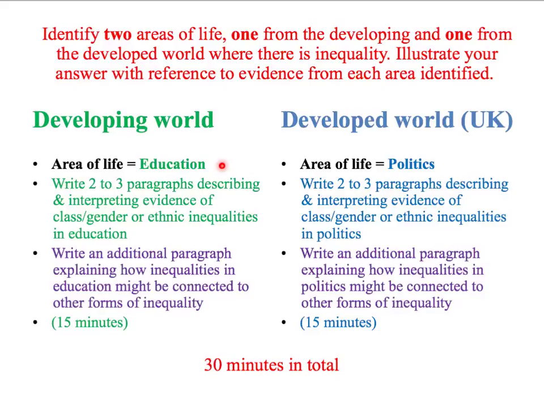So you need to use that material to write 2 to 3 paragraphs describing and interpreting evidence of either class, gender or ethnic inequalities in education. And then you should also write an additional paragraph explaining how those inequalities in education might be connected to other forms of inequality that we find in developing countries.